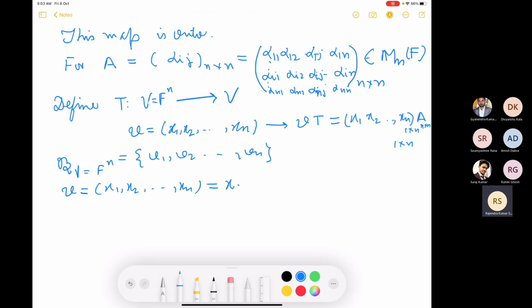This is the same as x1 times 1, 0, 0, 0, plus and so on, xn times 0, 0, 0, 1. So this is the same as x1 v1 plus x2 v2 plus and so on, xn vn.